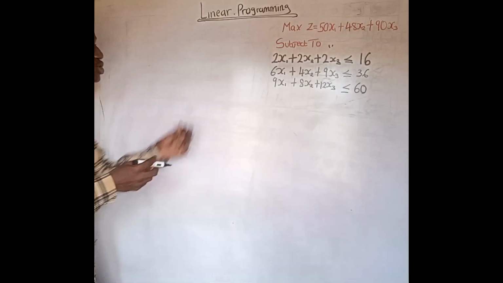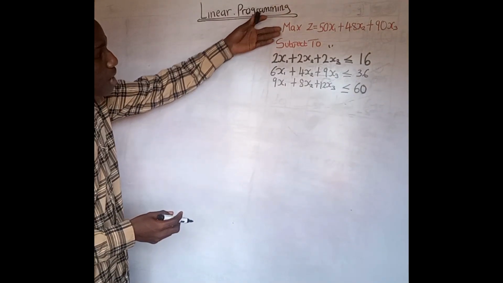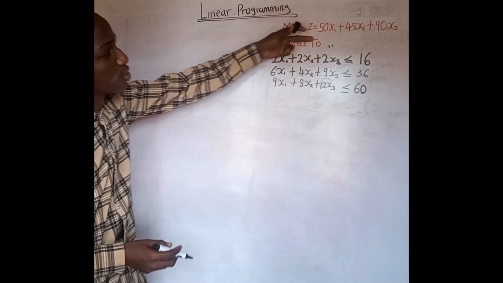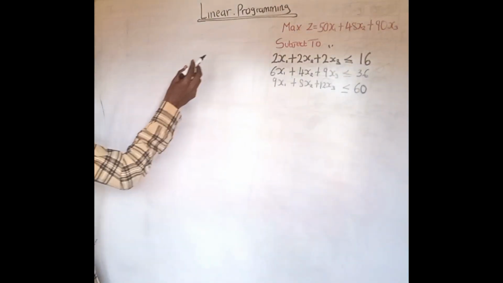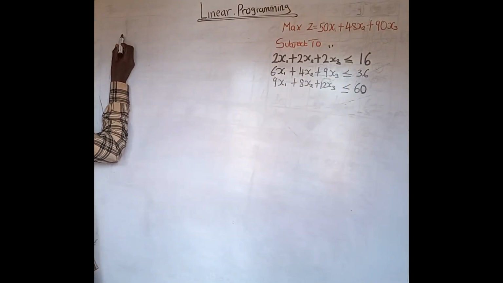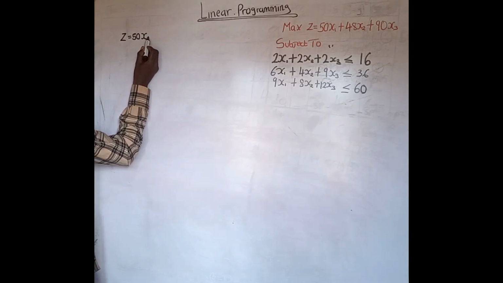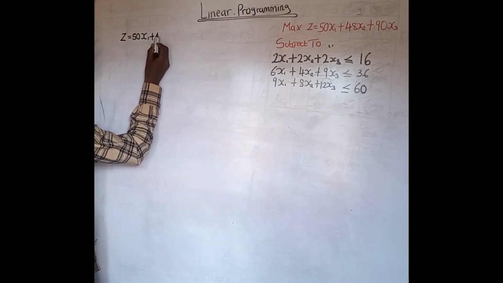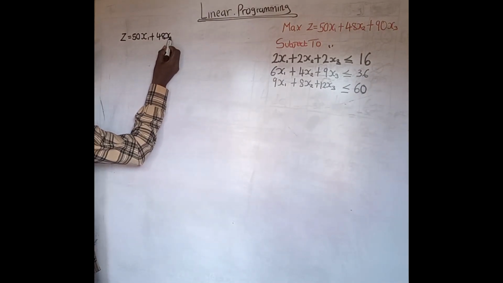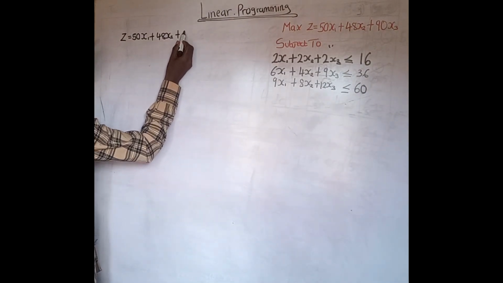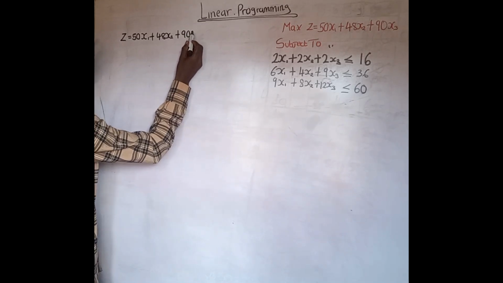So, in order to change this to standard form, I'll start with the objective function. For the objective function, I have z equals 50x1 plus 48x2 plus 90x3.